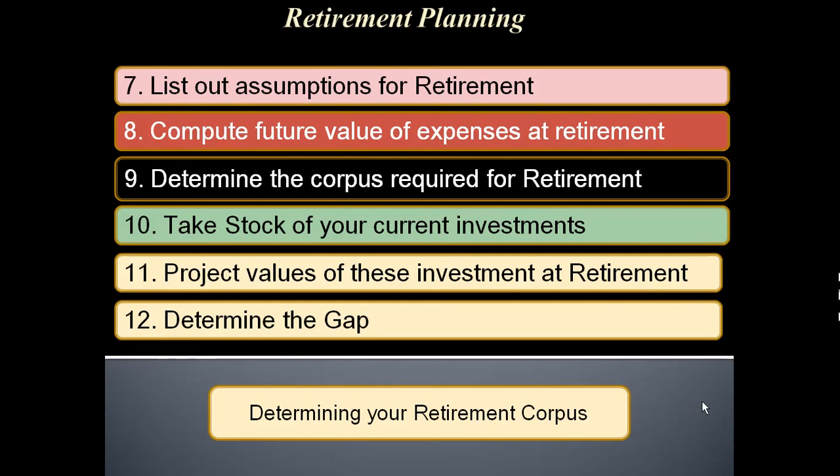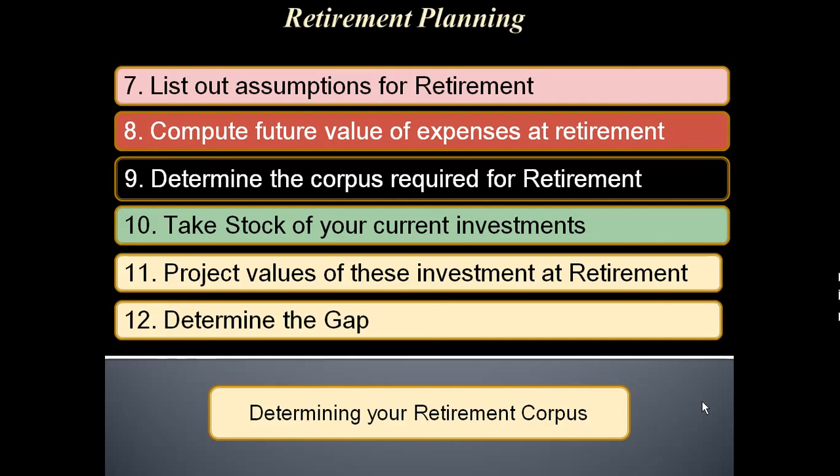Now when you do it for your data, you are executing all the 12 steps for your data, you would arrive at one of the following conclusions. Either you are on the right track and the investments that you are now making will ensure that you have the appropriate amount of corpus, or you would have determined that you have a shortfall in the corpus, like we just saw.